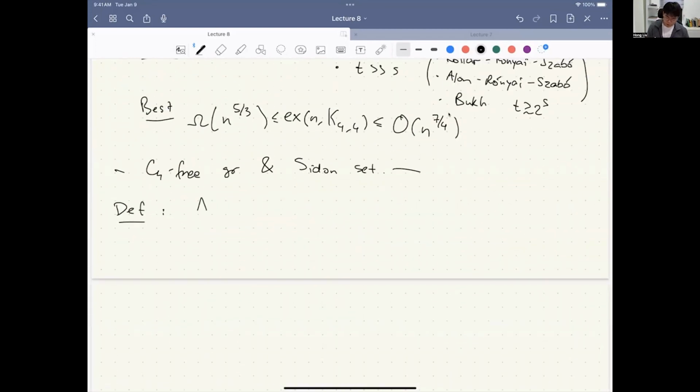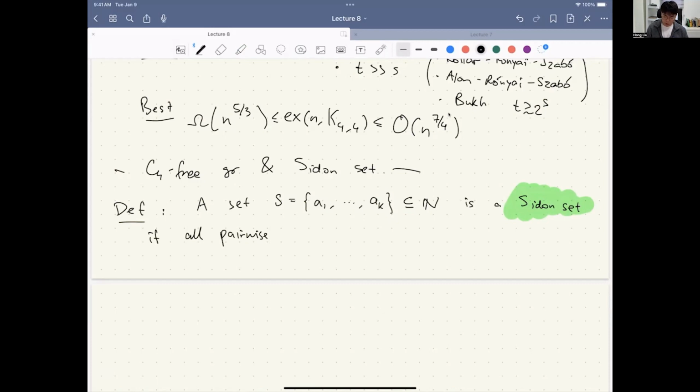A set of, let's say, k elements of natural numbers is a Sidon set if all pairwise sums ai plus aj are distinct.